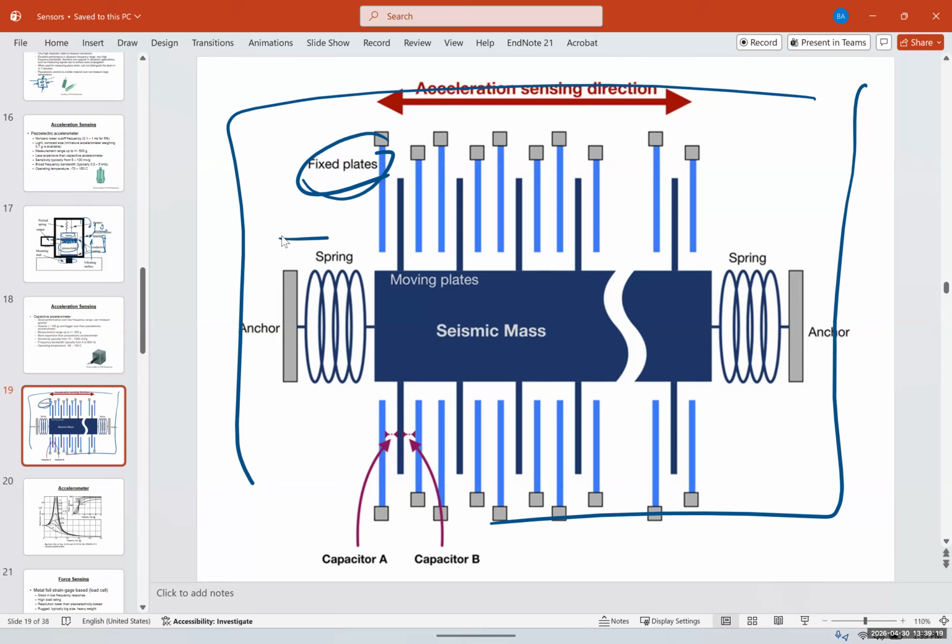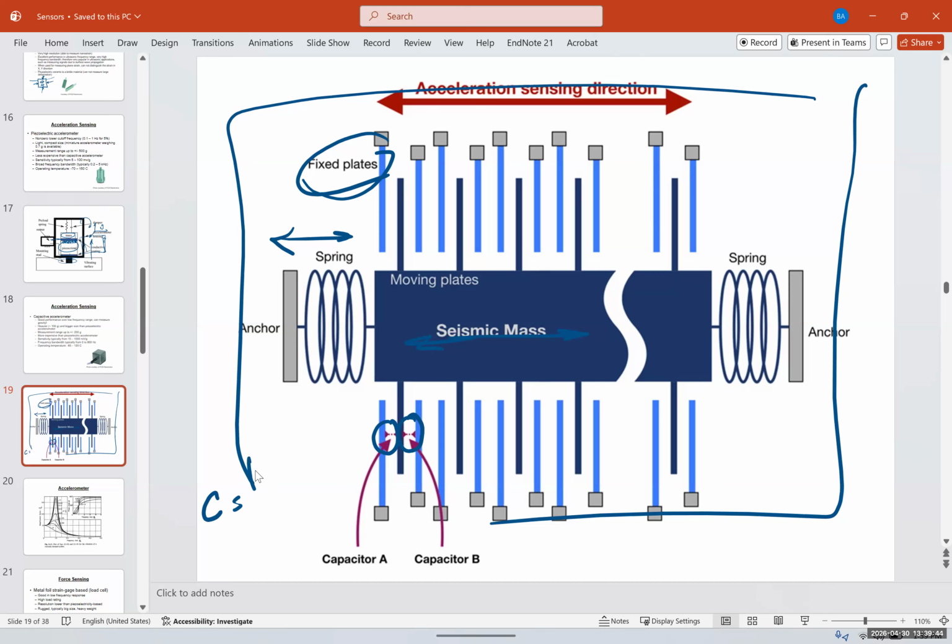Now, what happens if you move right or left? This mass is going to move to the right or left. And when you move right to left, the distance between these two capacitive plates changes. Do you remember the relation between the distance between the conductors and the capacitance?